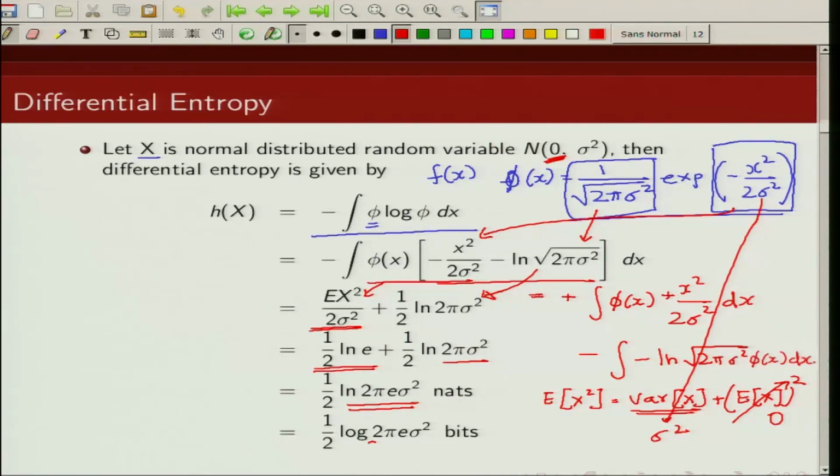If we take log to the base 2, then the units will be bits. So the differential entropy of a zero mean Gaussian random variable with variance sigma square is given by this expression, half of log of 2 pi e sigma square.